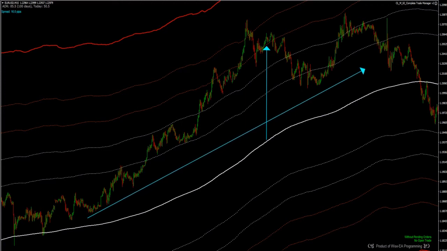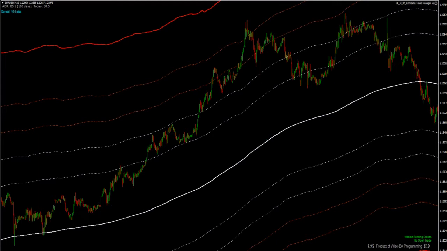How long has price spent away from the moving average? And how long does it normally spend away from the moving average? If it normally spends 100 bars away and we're suddenly 150 bars away and we're a long way away from the moving average, well, this now becomes a very interesting area to start looking to sell.